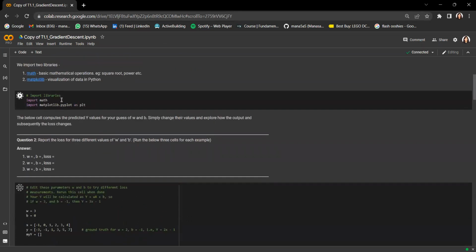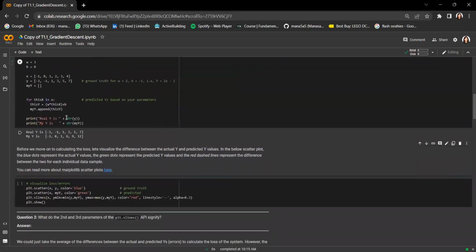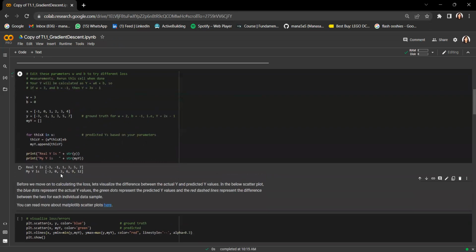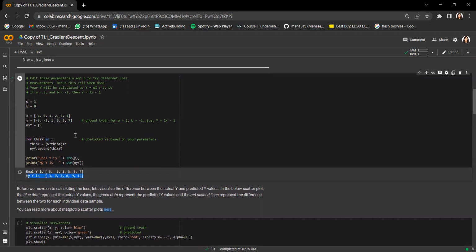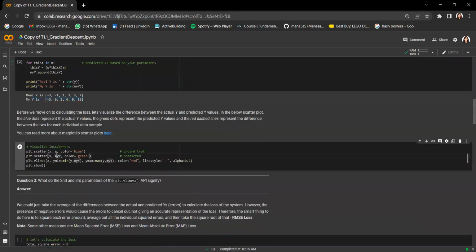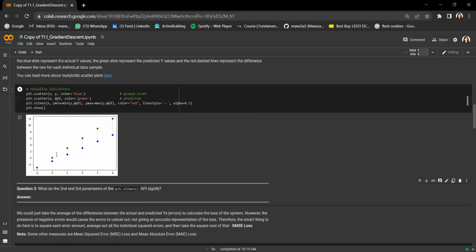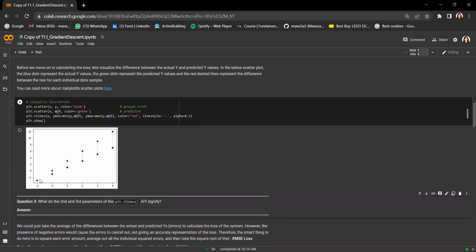So we can go ahead and run our cells. Here we see that the real y, which is the ground truth, are these values, and our predicted y's are slightly off. So we can go ahead and visualize this loss. Essentially the green dots are our predicted values and the blue dots are the actual ground truth values.